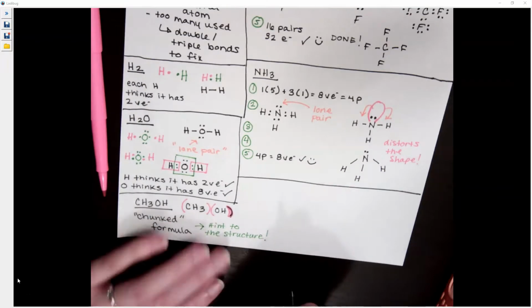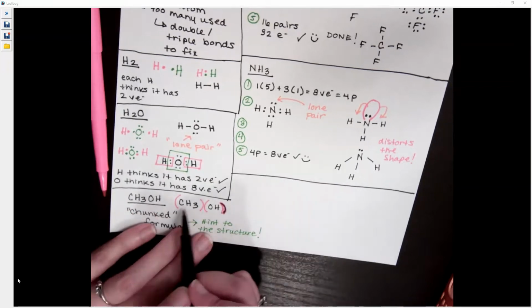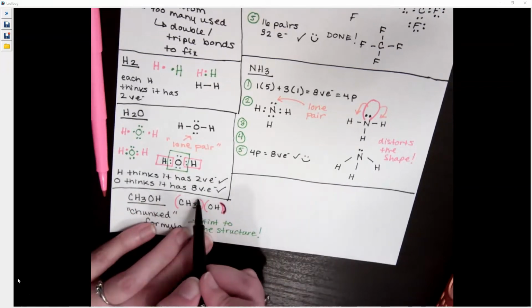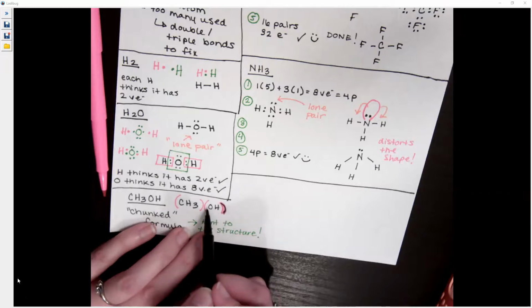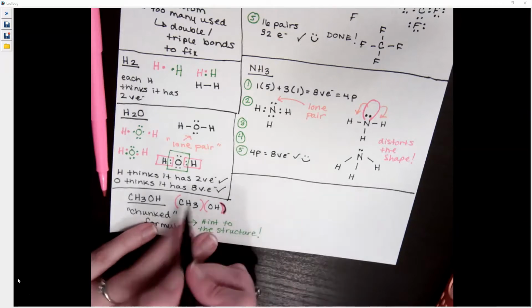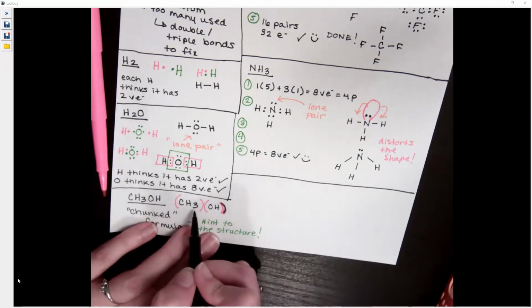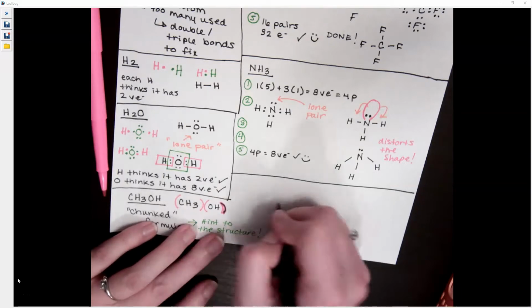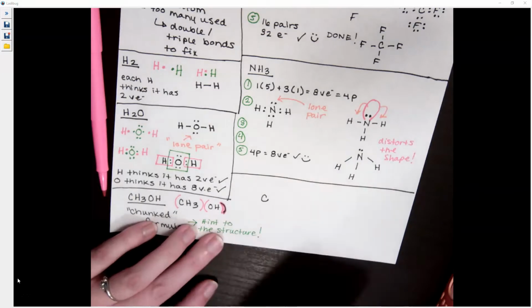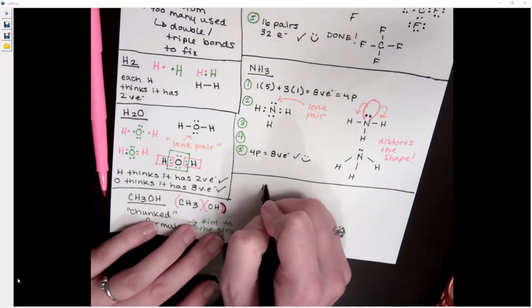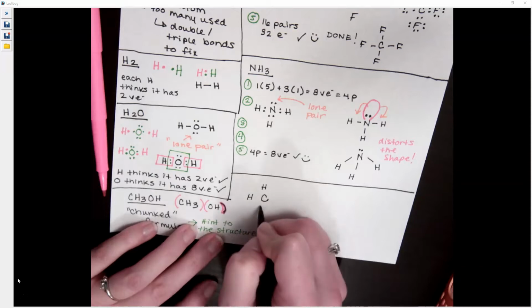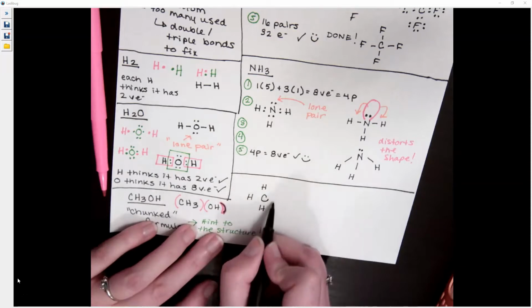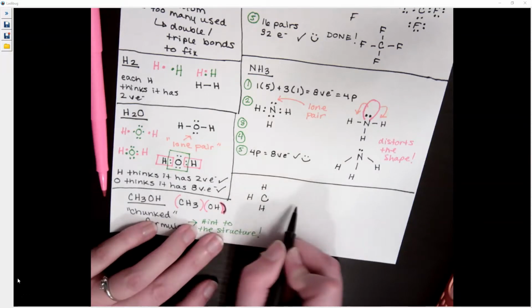So I'm going to start setting up this chunk, and then I'm going to attach this piece. If I just look at CH3, the hydrogens have to go on the outside, and the carbon has to go on the inside. So here's my carbon. I'm going to put my hydrogens over here, so that this side of the box is left for the rest of the formula.